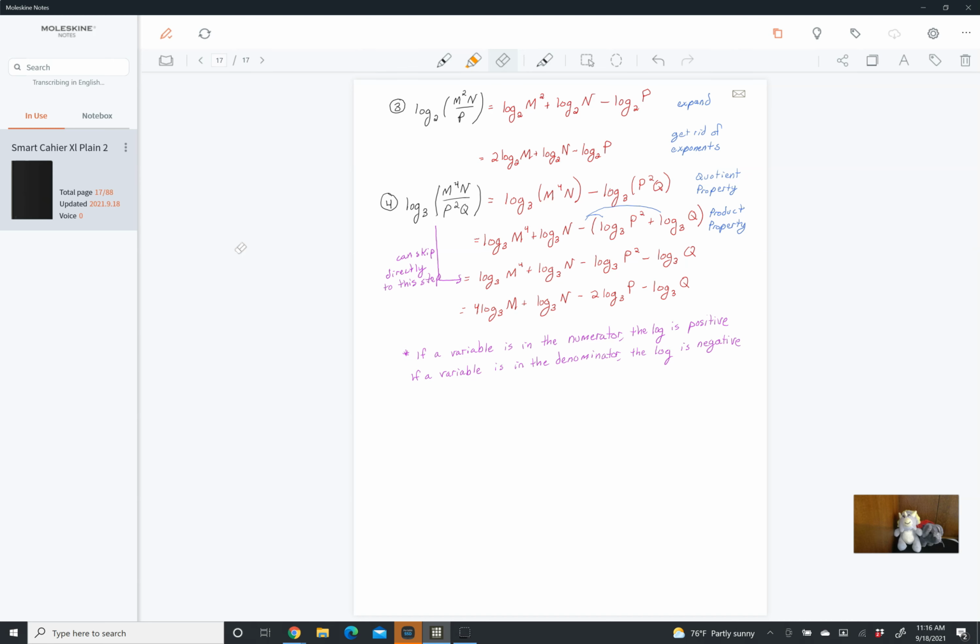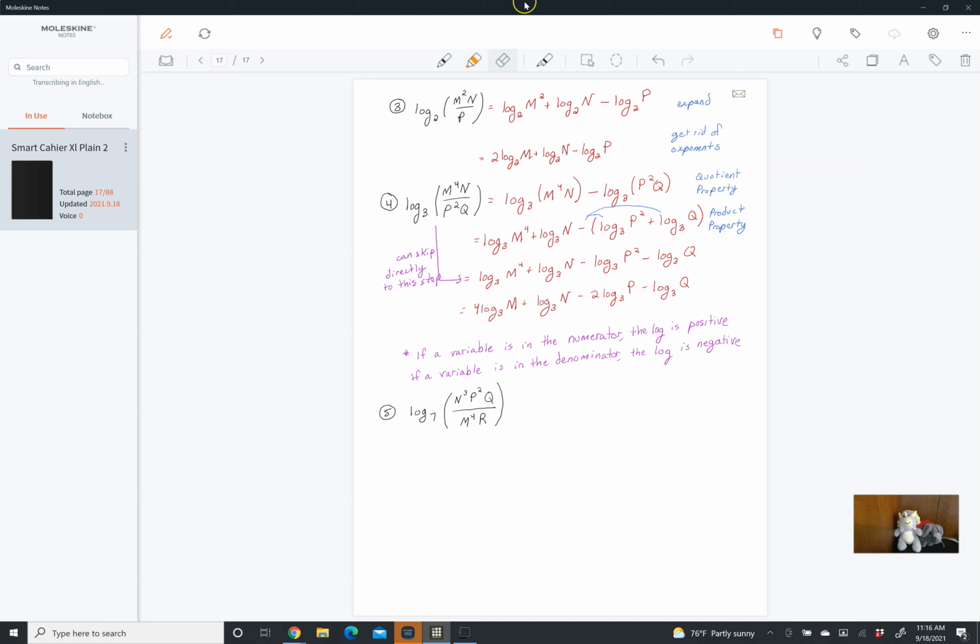So let's take a 5th one. Let's say that we have log base 7 of n cubed p squared q over m to the 4th r.